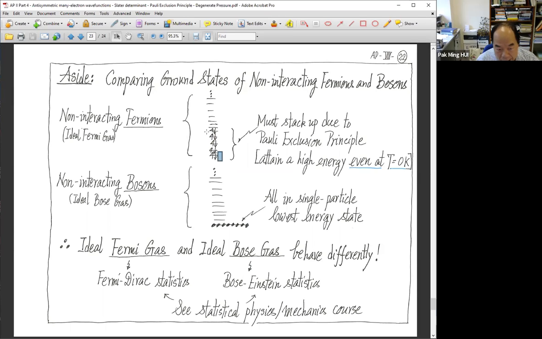So now do you understand that for fermions, even at zero temperature, ground state means zero temperature, right, they have to step up in energy? Okay, do you follow this? Is that okay? Understanding?